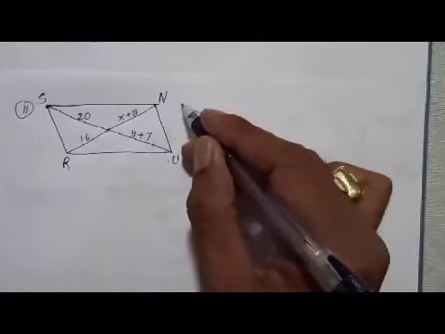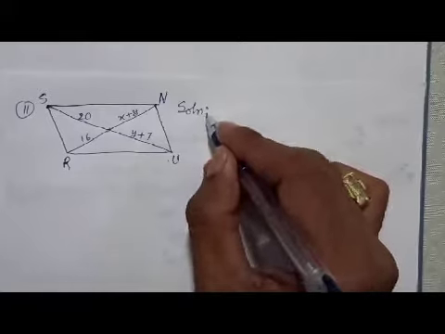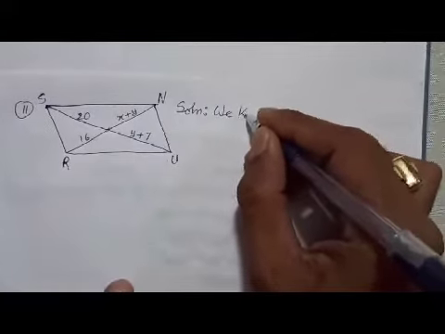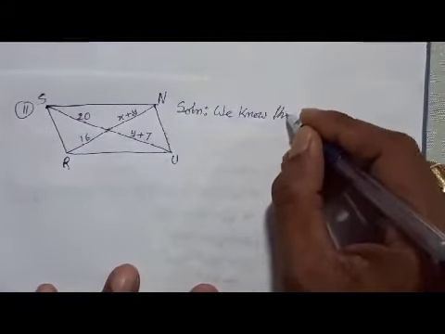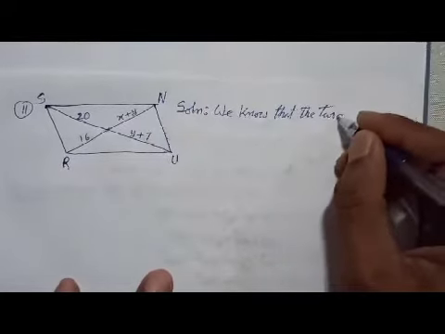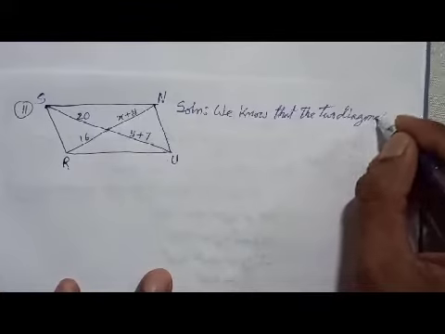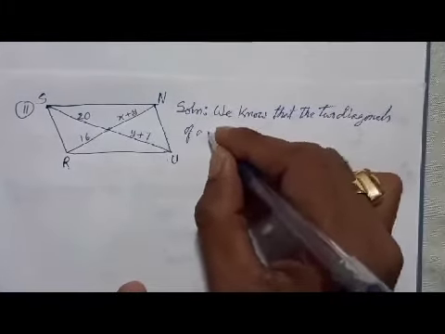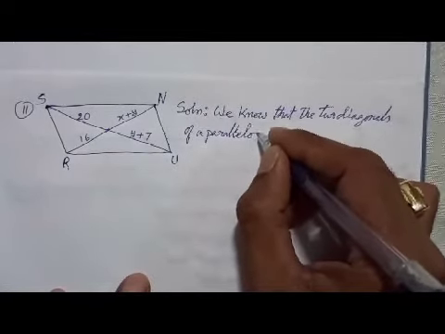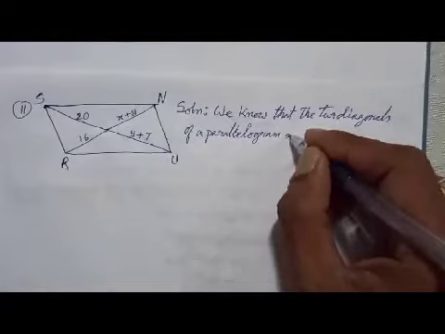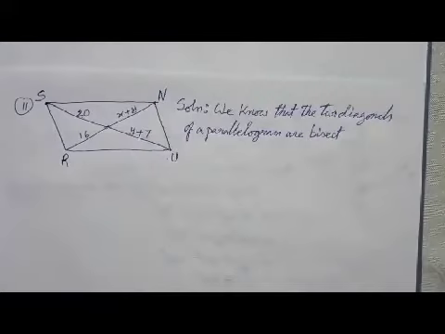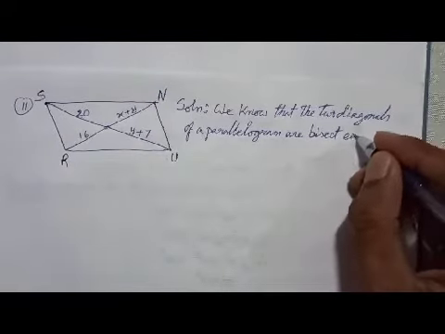Now, solution. We know that the two diagonals of a parallelogram bisect each other.